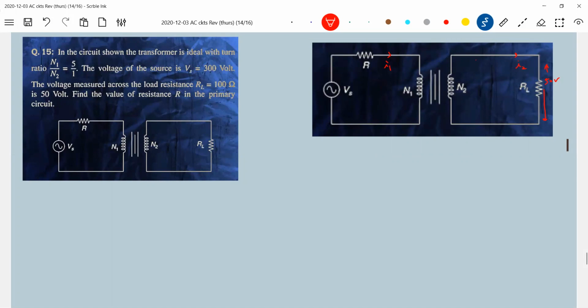So this is the terminal secondary voltage, the drop across this. What is it asking? Find the value of R in the primary. This is the primary, and this is the secondary circuit. It's asking to get the value of capital R. We have source voltage, everything, so it's very simple. Do we know V2? V2 is I2 into RL.